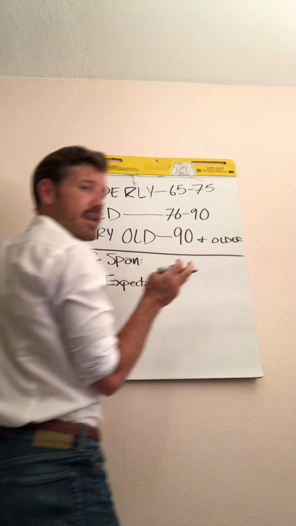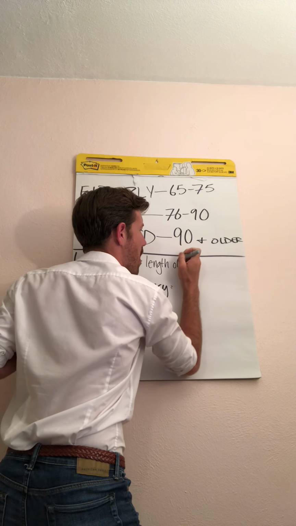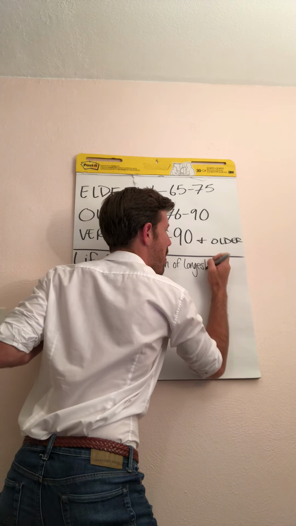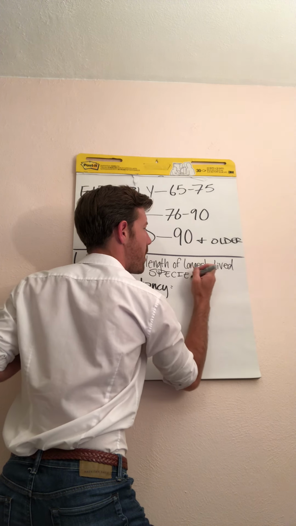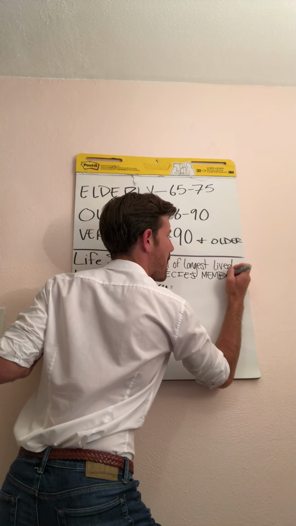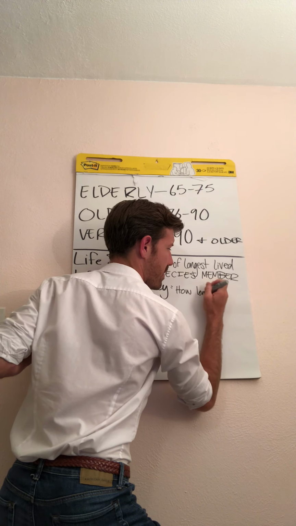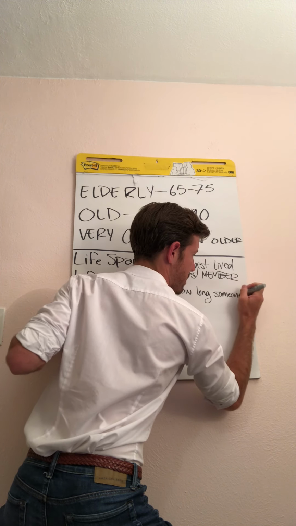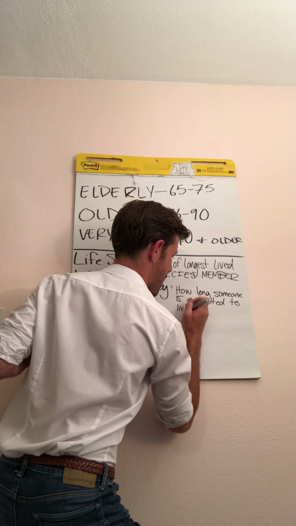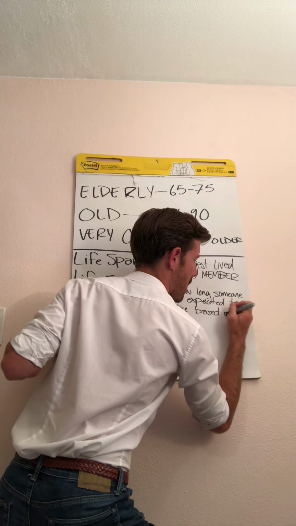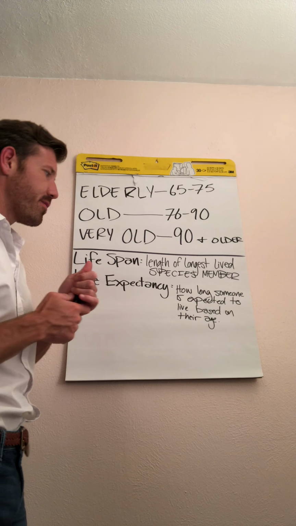So, lifespan is the longest lived member of a species, and then life expectancy is how long someone's expected to live based on their age.